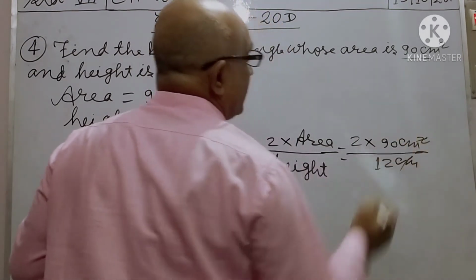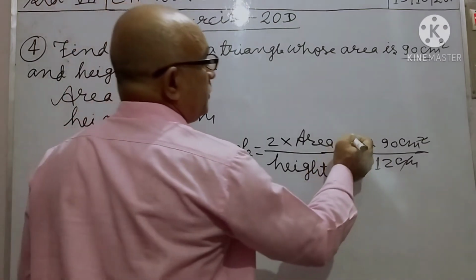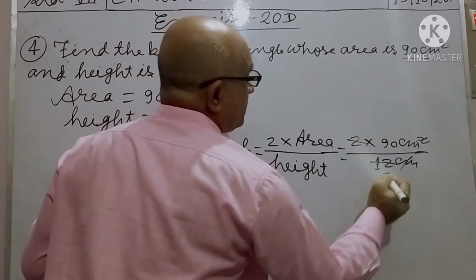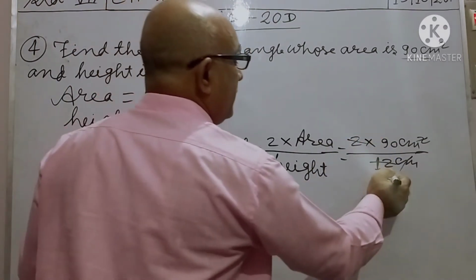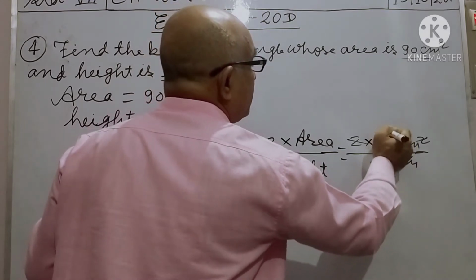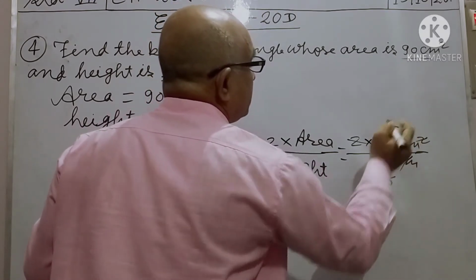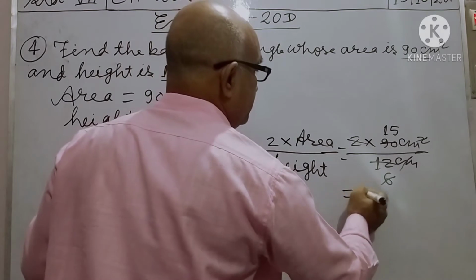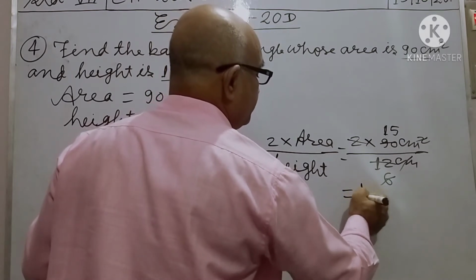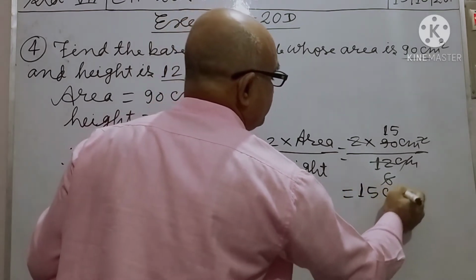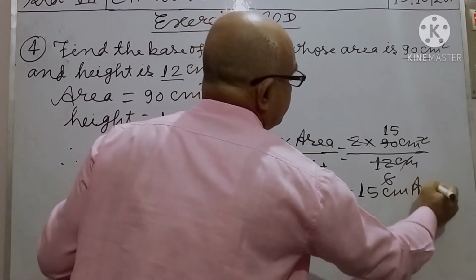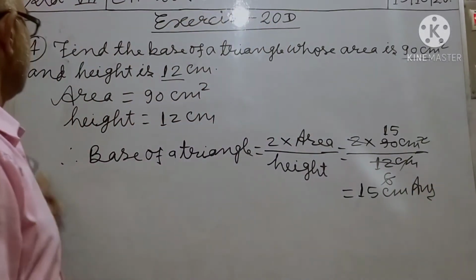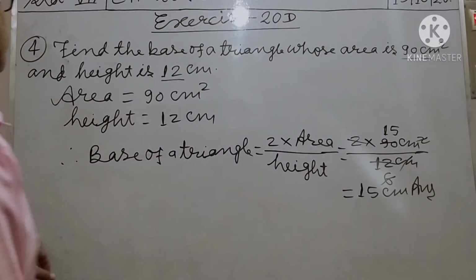Cm cancels with cm square. 6 2 ja 12 and 6 15 ja 90. So 15 cm. Answer of this question. Students, understand and write it.